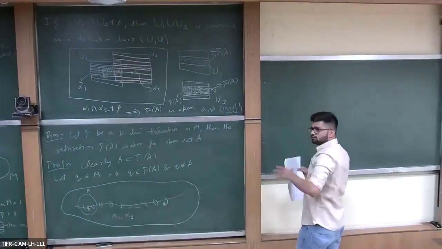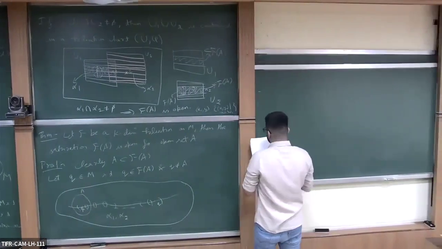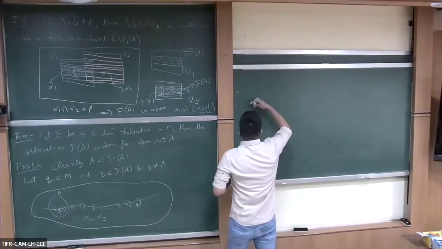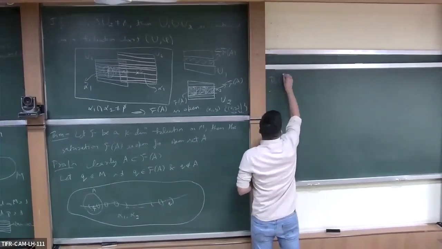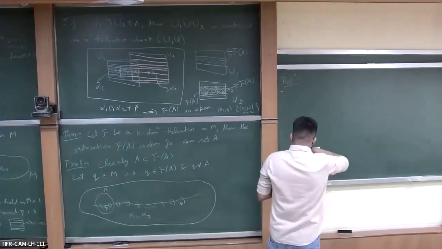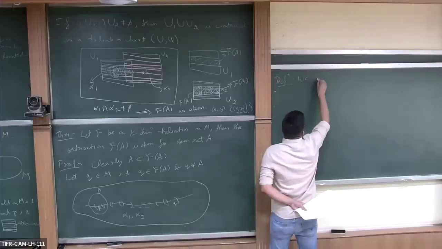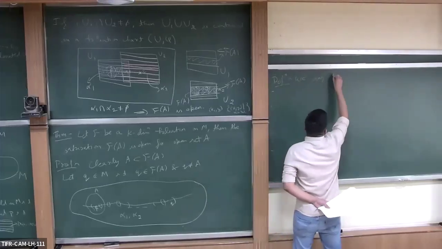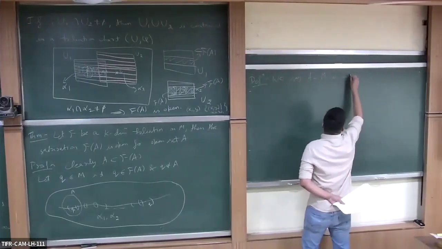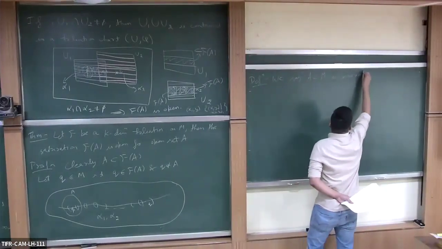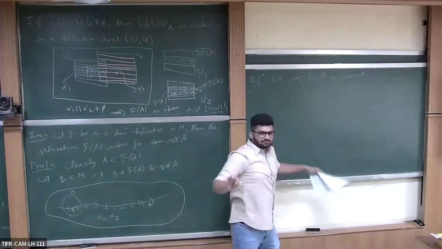One more result about line before finishing. Before that, we say that A is invariant. I'm assuming there's a position in the definition.